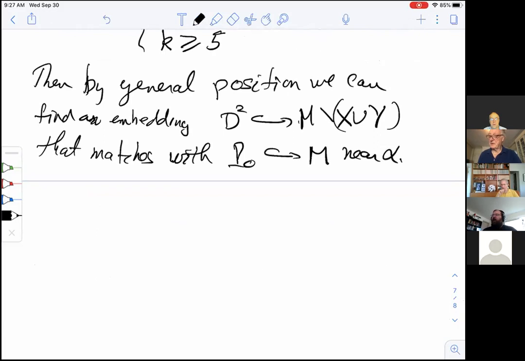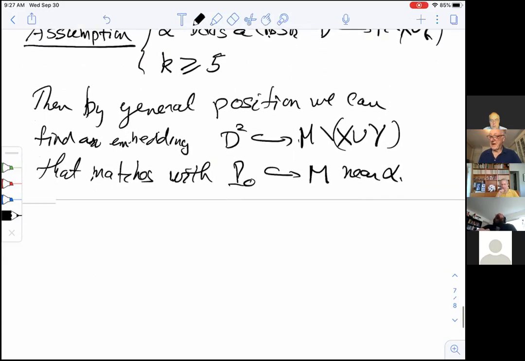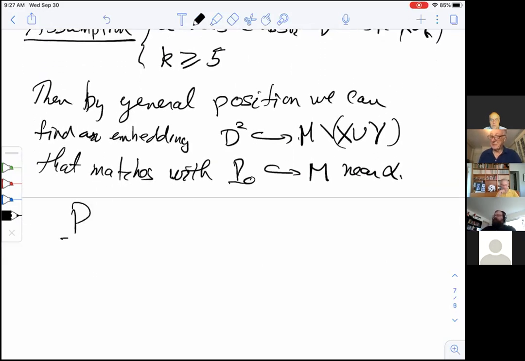So using this embedding together with the embedding we already have of P naught, we get an embedding now of P into M.